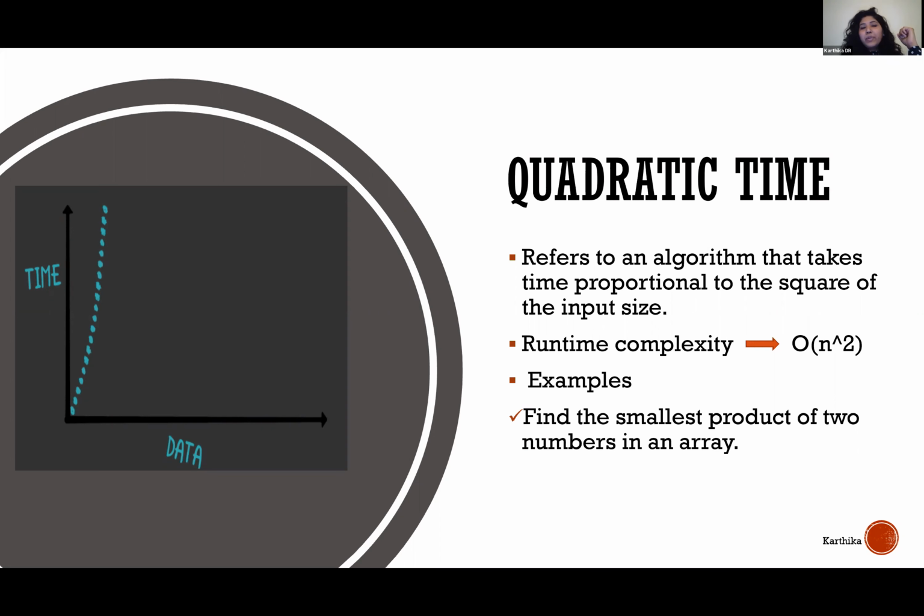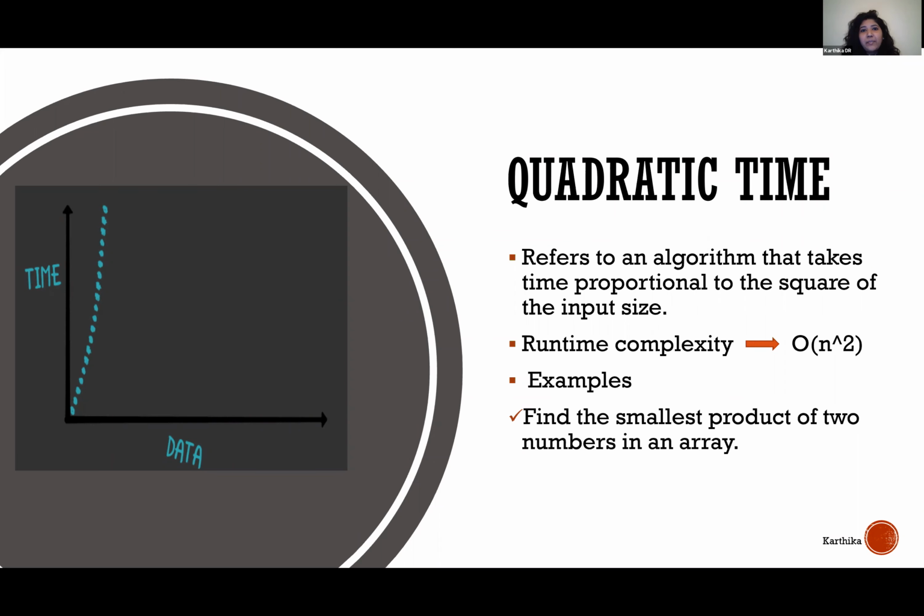For example, take the same example: we have 5 elements in an array and we are trying to find the smallest product of two numbers in that array. First we can have a for loop iterating each and every element. Inside that for loop, we can have a nested loop checking the product. The first for loop is going to run from 0 to 4, and the second for loop will run internally again from the first element to the fourth element, and so on.